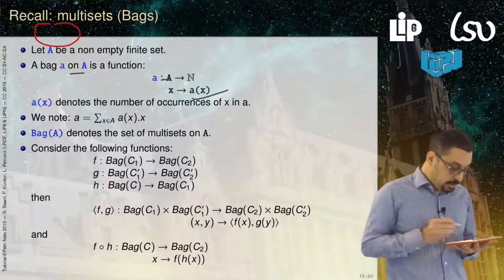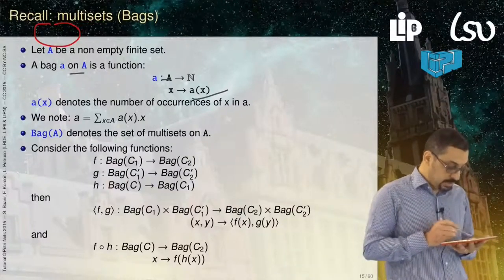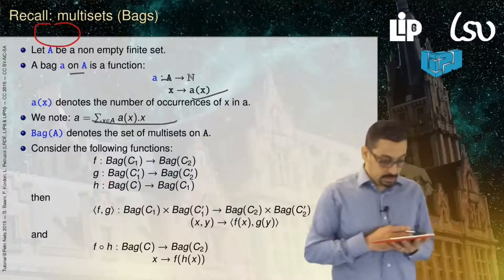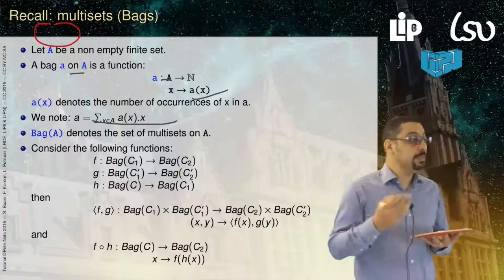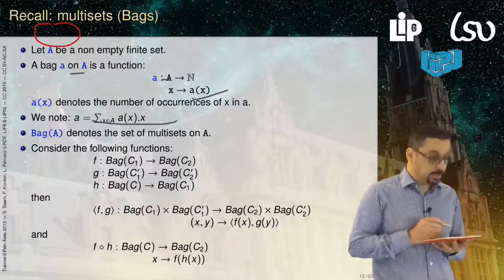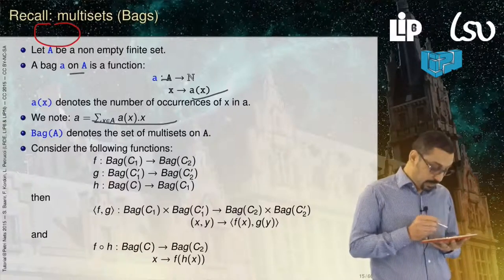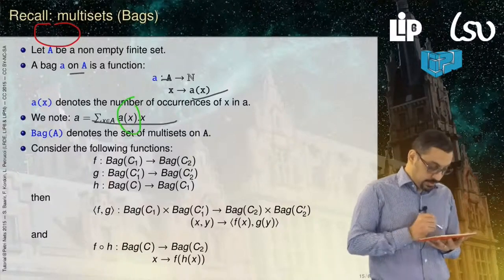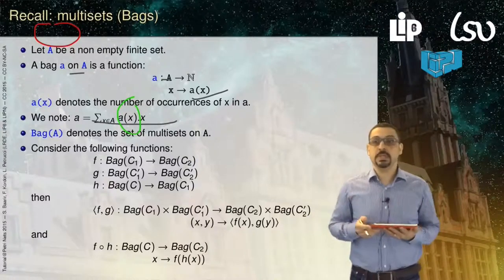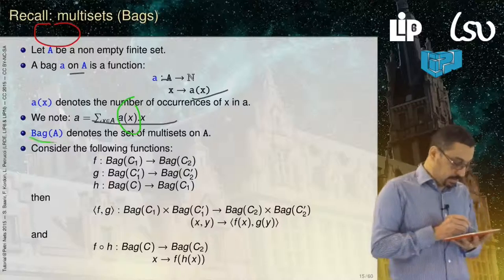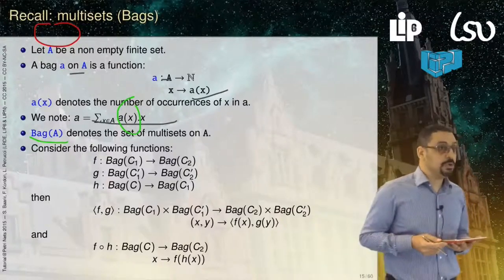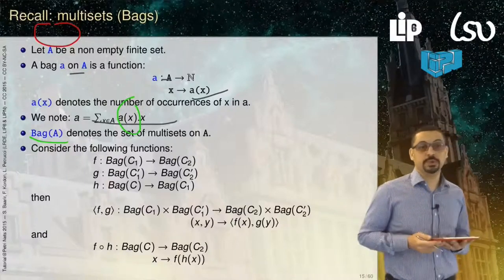The usual notation of this multiset is as written down here, with the summation over x belonging to big A, where we precede x by its occurrence. The set of all the multisets that we can handle is noted here by Bag(A).